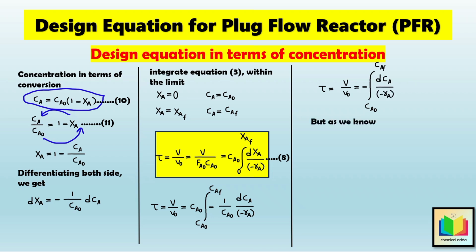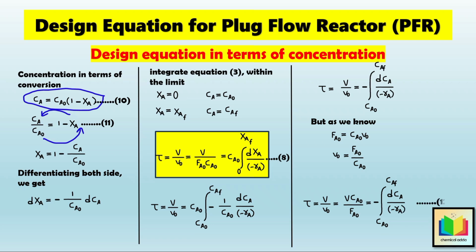But as we know, Fa0 is equal to Ca0 into V0. From this we get V0 is equal to Fa0 divided by Ca0. Hence we get the final equation as tau is equal to V by V0 is equal to V Ca0 divided by Fa0 is equal to minus integration from Ca0 to Caf dCa divided by minus Ra.